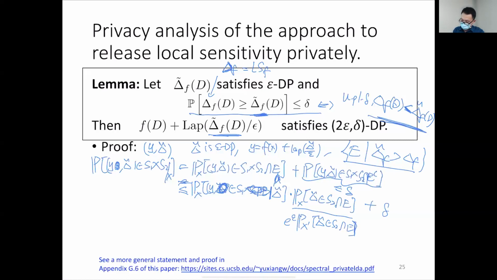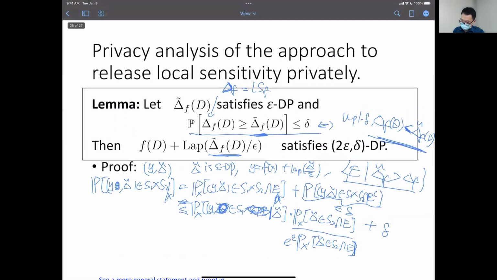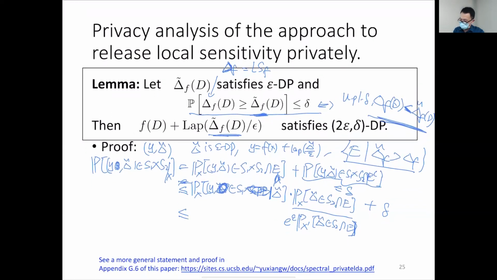Okay, and now on this conditional distribution, notice that all the cases when delta tilde belongs to E, right? So this becomes the integral of this over all delta tilde belonging to S2 intersect with E, right?